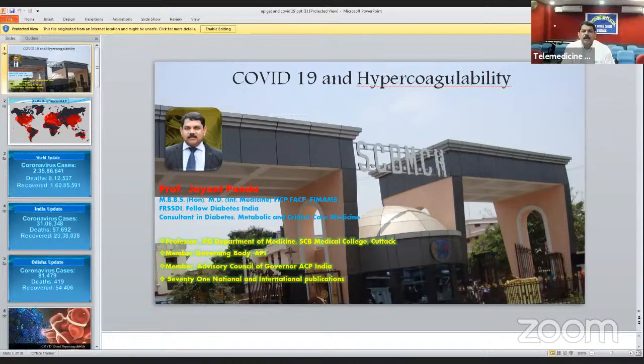It's going to be 36 lakh very soon. So it's almost 2.36 crore patients worldwide. More than 8 lakh people have already died in the world, and we have 1 crore 60,000 patients who have recovered.